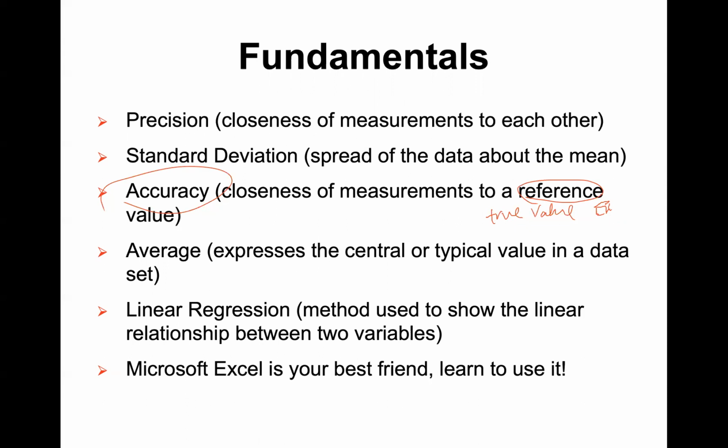However, in many cases, the true value is not available. Then how can we measure our accuracy if we don't know the true value? In this case, we have to do multiple measurements. Then we will take the average. The average is the central or typical value in a data set.